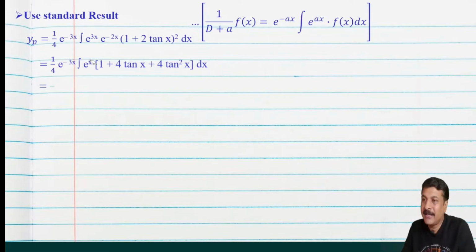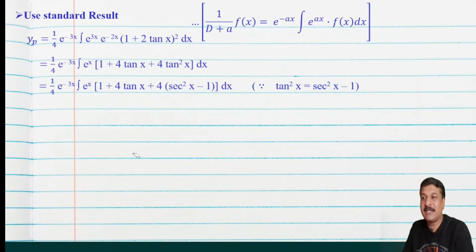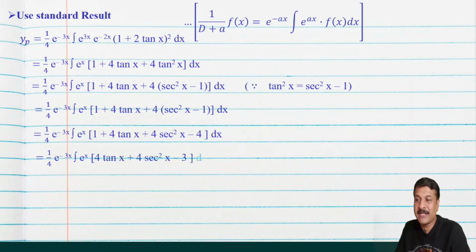I get 1 + 4 tan x as it is, and 4 tan² x is 4(sec² x minus 1). Simplify, so I am getting 1/4 e^(-3x) integration of e^x, this as it is, and here 4 tan x + 4 sec² x minus 3.